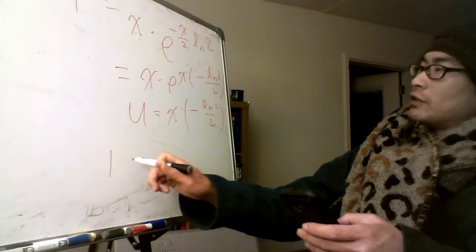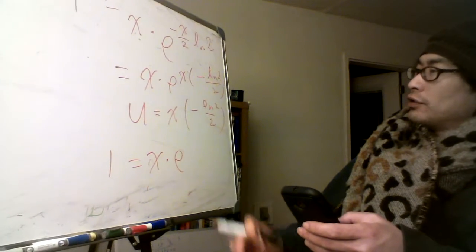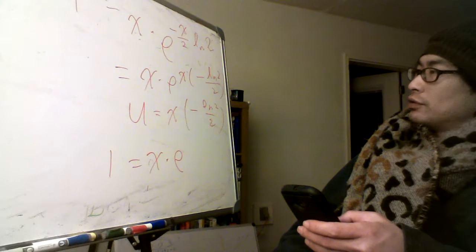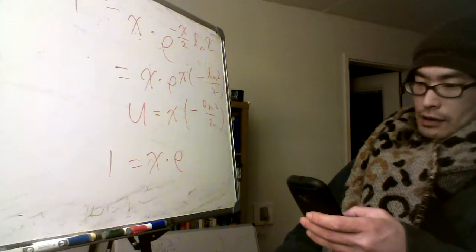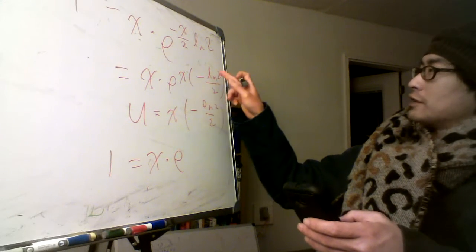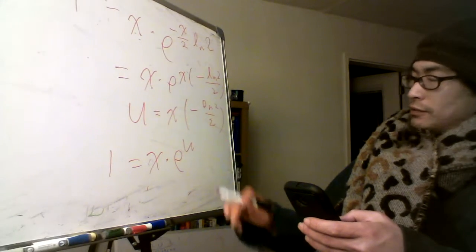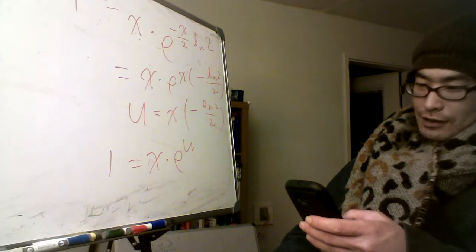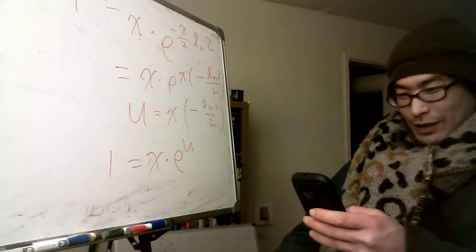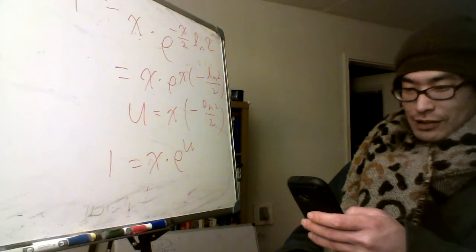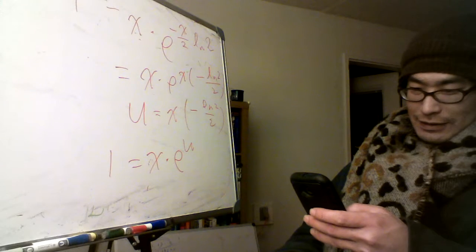So 1 is equal to x times e to the u, where u is equal to x times minus ln 2 over 2. So e to the what? U, right? Okay, I got that. It took me a long while, but I do understand what he was saying at one point.